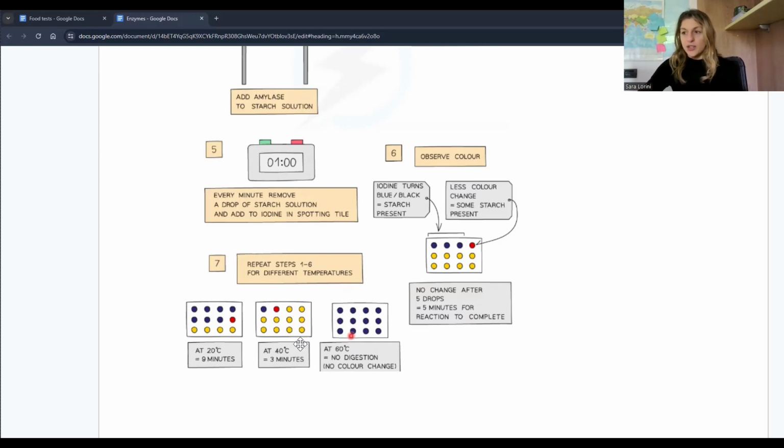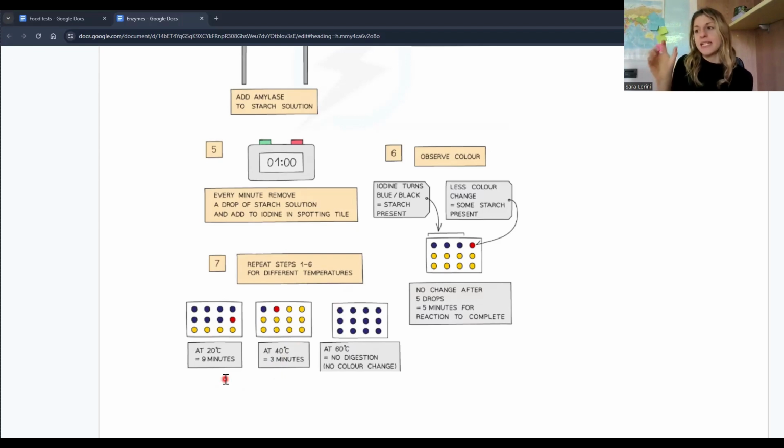Notice at 40 degrees, it's only 3 minutes until it's all done, so it worked even faster. At colder temperature, it's not as fast. Why? As I said before, it's slower due to the low kinetic energy, fewer collisions. This is the relevance of the experiment.